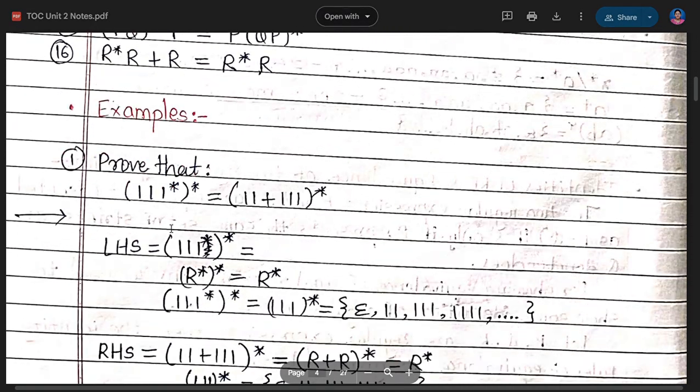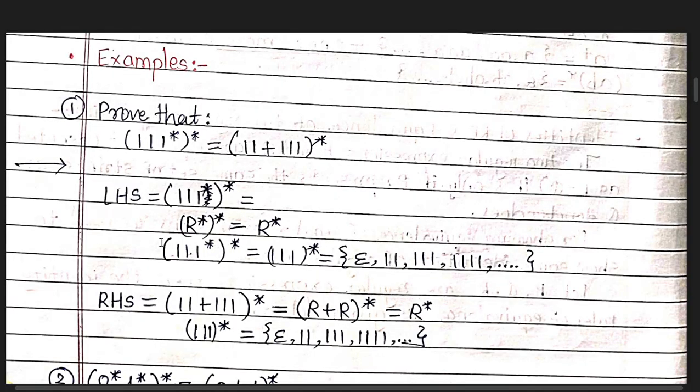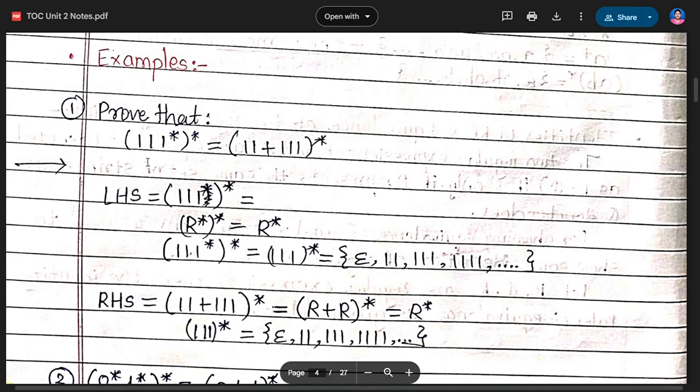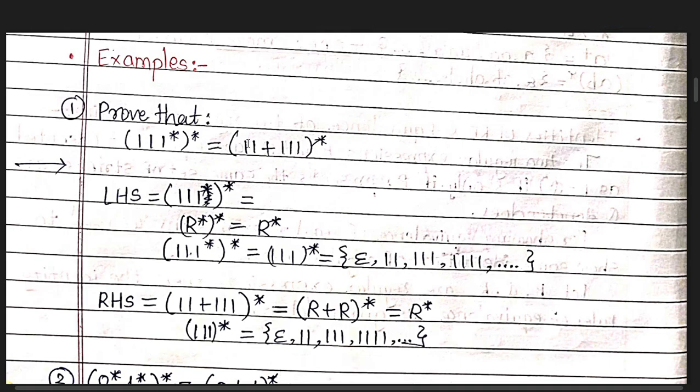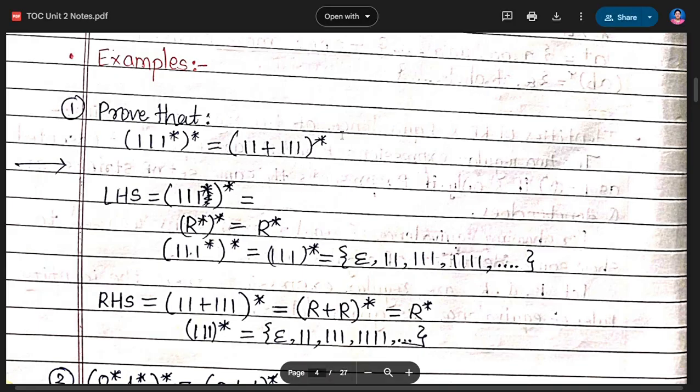Now the examples. (111 star) whole star equals (11 plus triple ones) whole bracket star. You have to prove that it is correct, meaning LHS is equal to the RHS.